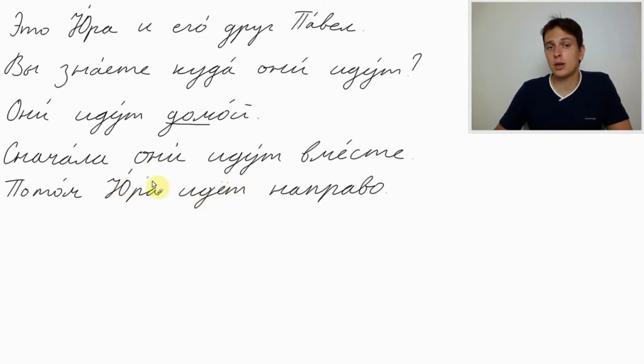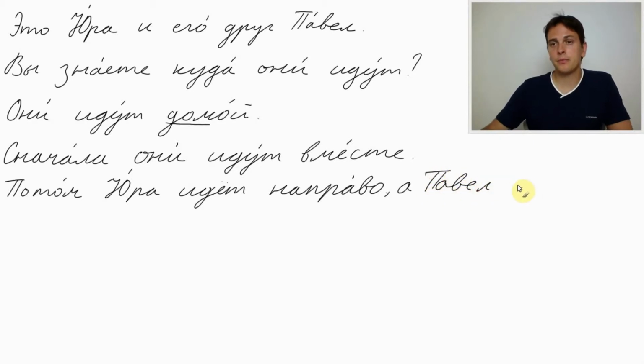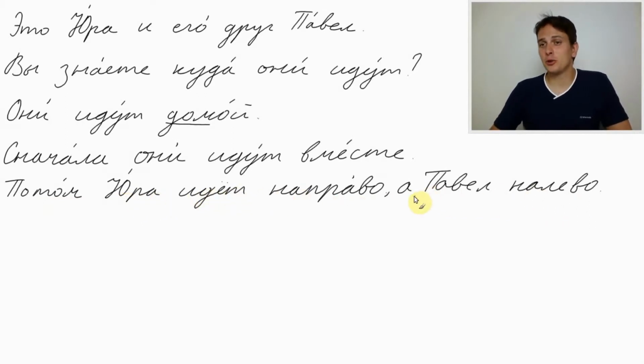Потом Юра идет направо, with the emphasis on направо. А Павел идет налево. Налево. So, потом Юра идет направо, а Павел налево. I told you, а Павел идет налево.